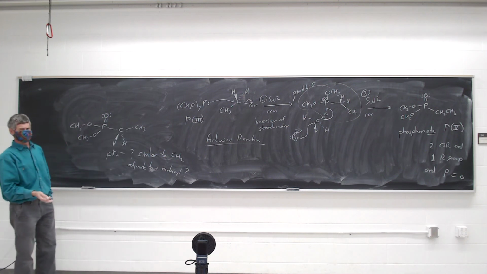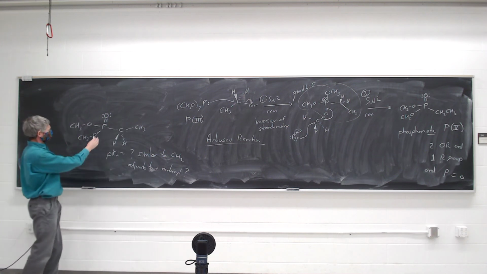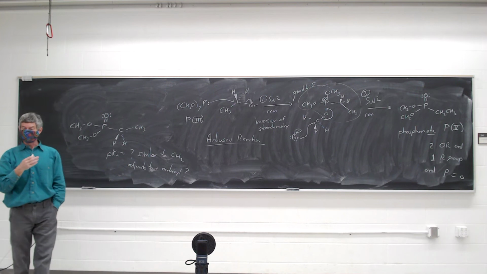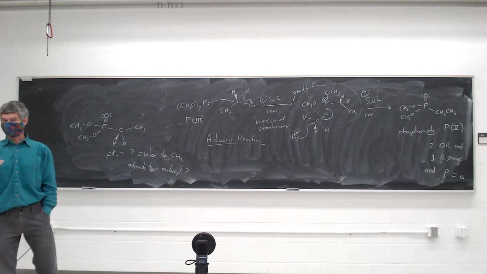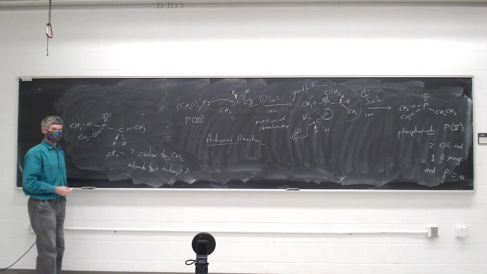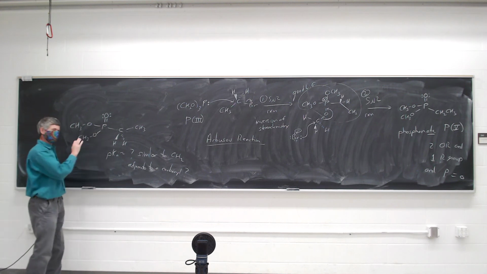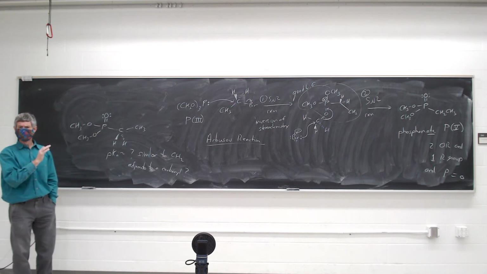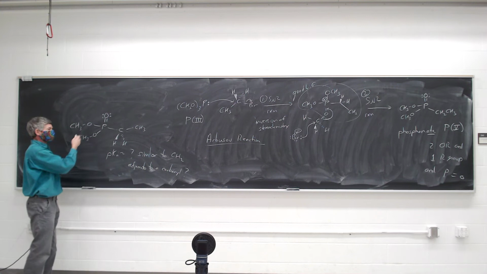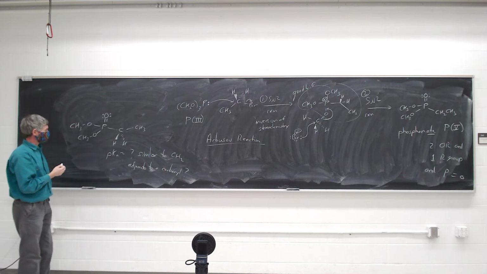Maybe even a little bit more acidic because of the electronegativity of phosphorus versus the electronegativity of carbon, right? Phosphorus is a little bit more electronegative than carbon. So maybe it pulls electron density away and stabilizes it a little bit more.